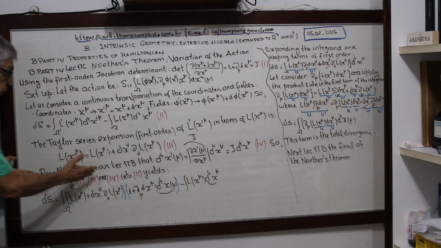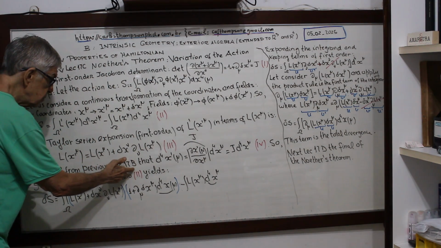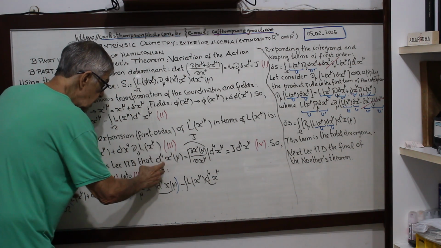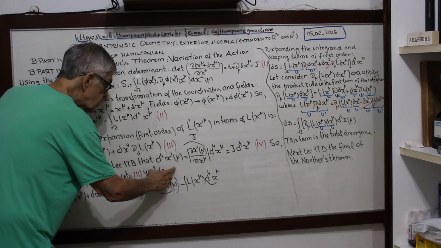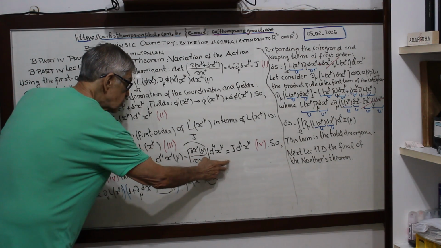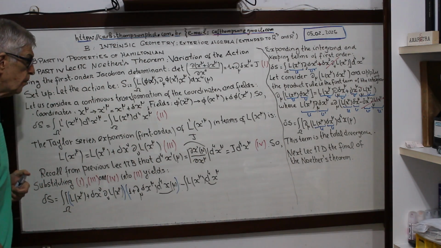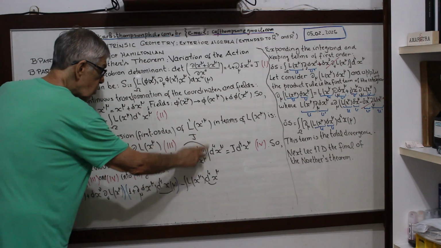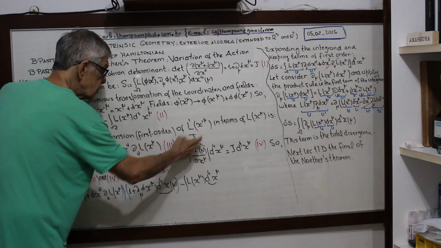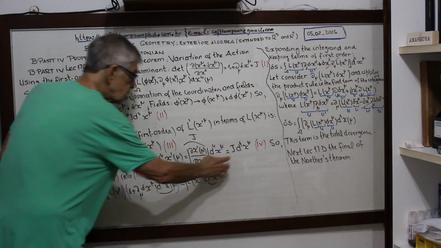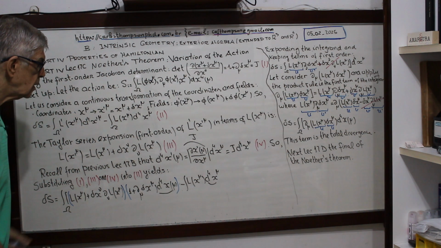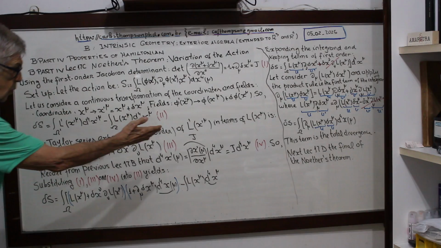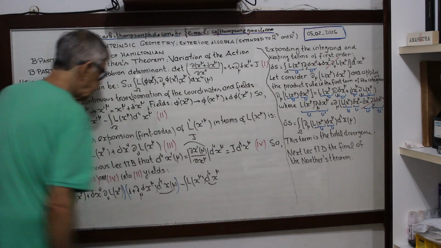So recall from previous lecture 17b the relation between the differential of x prime and the differential of the original coordinates. There appeared the Jacobian determinant, which I named as capital J. That's equation 4.